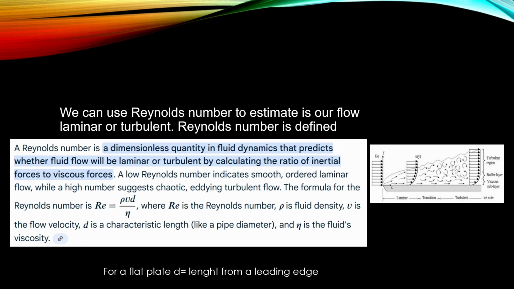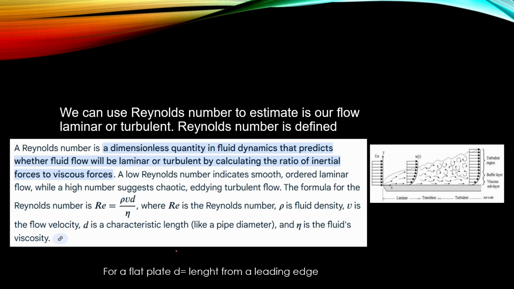This Reynolds number is fluid density times fluid velocity times characteristic length, divided by fluid dynamic viscosity. If we are calculating a flat plate, our characteristic length is the measure from the leading edge.